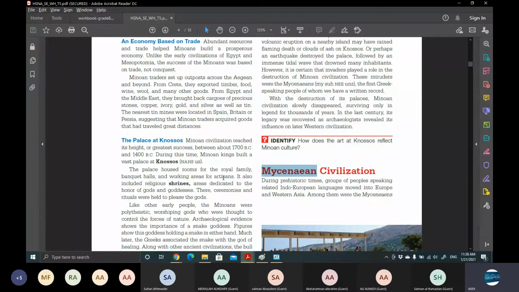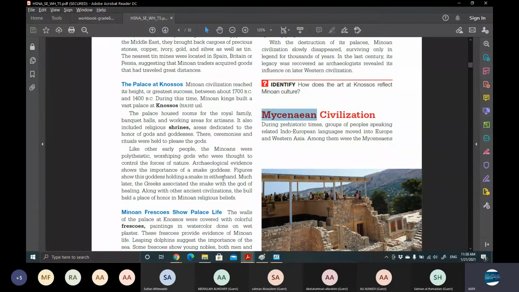The Mycenaeans were their neighboring people, and they started to invade them in order to have control of the land and also the place itself, which had access to some very important water passages. Once they started to invade the Minoans, they took their place in trading.